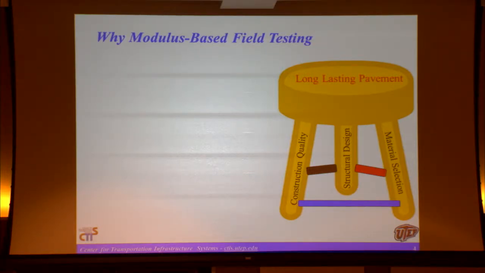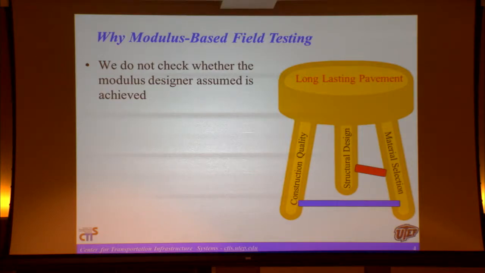We are hoping that these three legs of the stool are the same size, or it gets annoying. Let's assume that it is. But these three legs have to be attached to each other too. So let's see what we are doing. The connection between construction and structural design is broken. Simply, we do not check whether the modulus that the designer used is achieved.